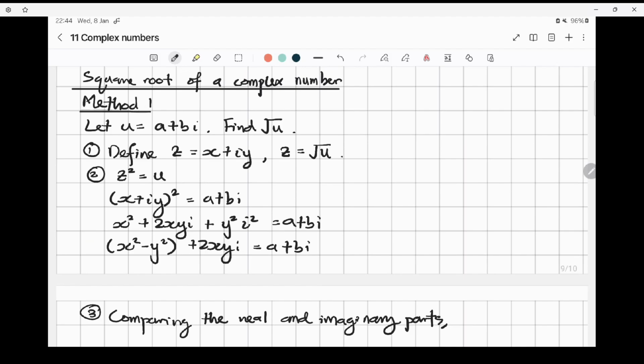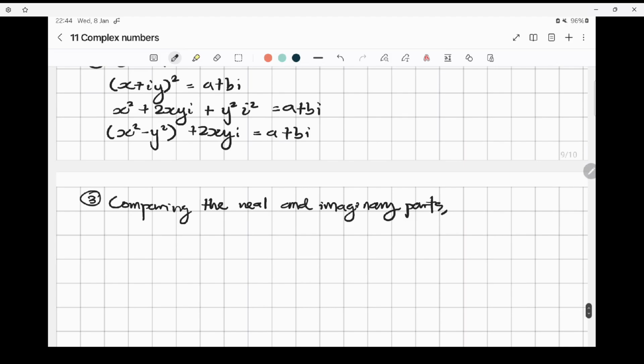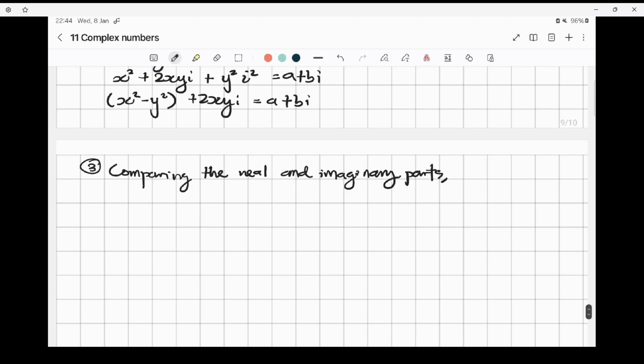This is a general procedure. Later on we will look at examples. So you're comparing the real and the imaginary parts. x squared minus y squared will be equal to a. This will be your first equation. Second equation, 2xy will be equal to b.